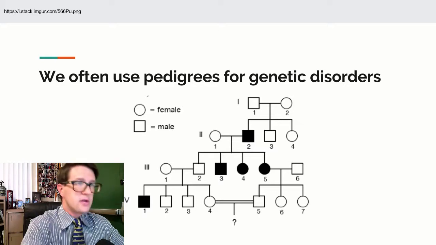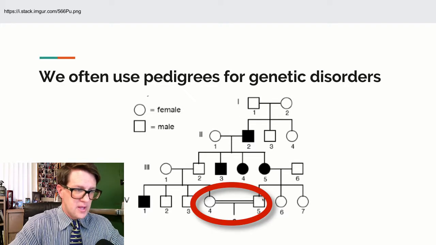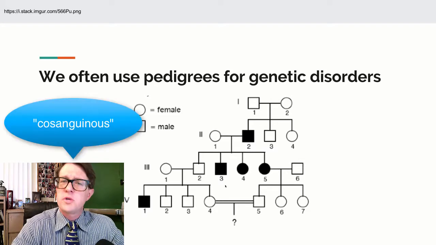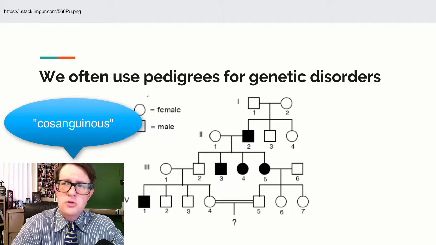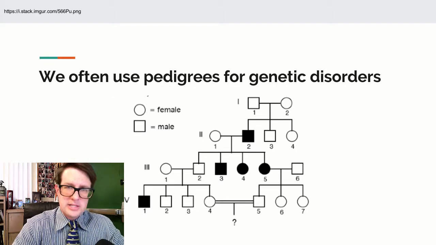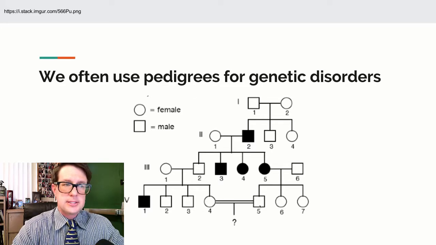There's one thing in here that's kind of odd, and that's this double line right here. That double line is for what we would call a consanguineous marriage, or a consanguineous reproduction. Consanguineous means incest. Why would I say that? Because if you take a look, 4,4 and 4,5 are cousins, and that makes it definitely incest.